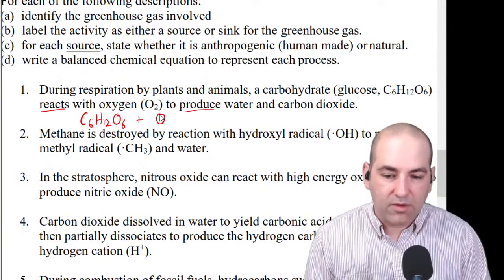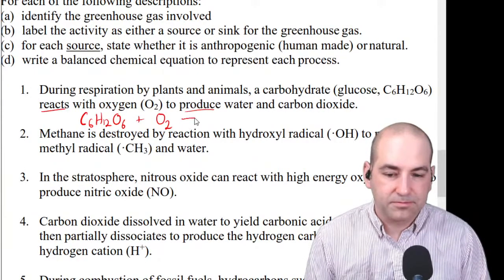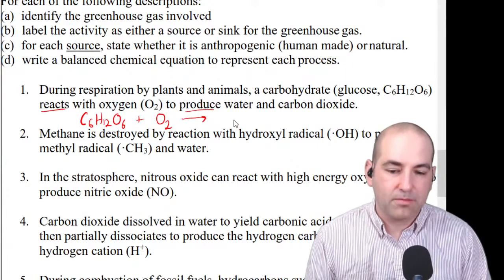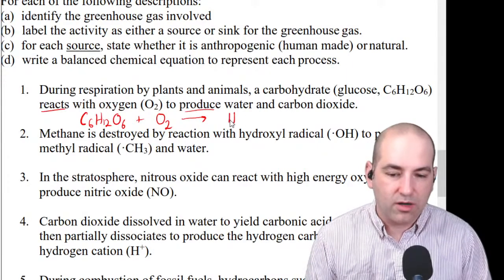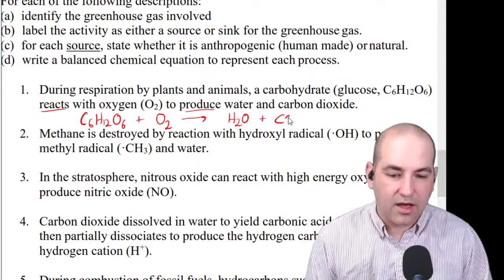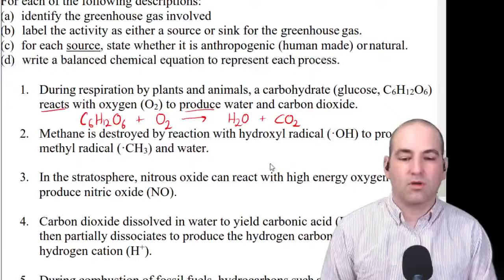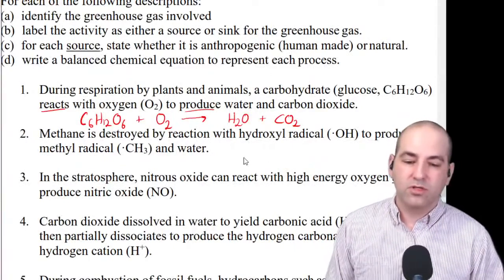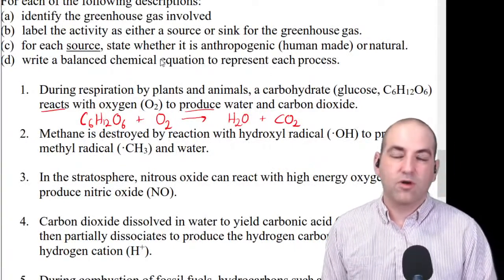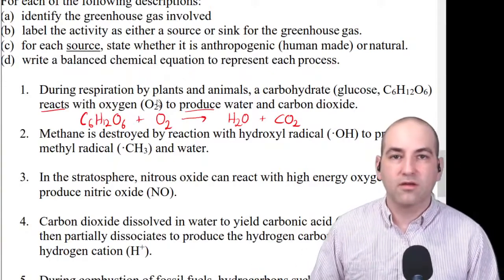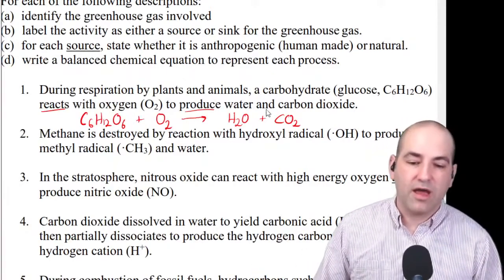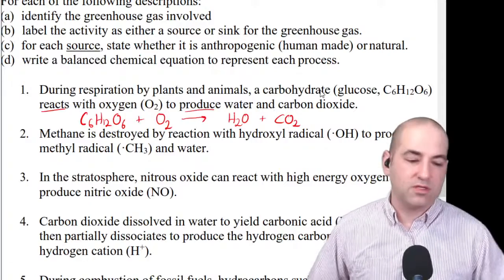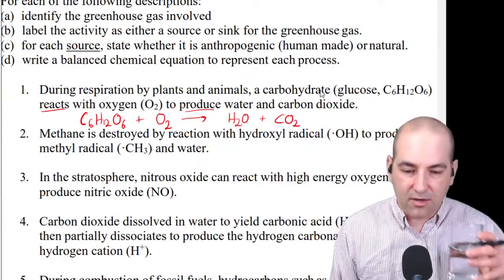And we can react that with O2, and then that's going to produce water and carbon dioxide. All right. If you don't know the formulas for some of these, you can look them up. But in general, most of the formulas are given except for things that were mentioned earlier in the activity. So carbon dioxide is mentioned a few times in the previous page, so that's why it's not listed here.